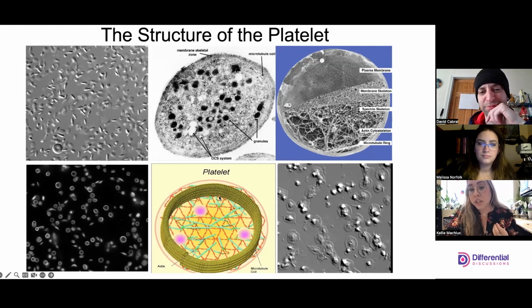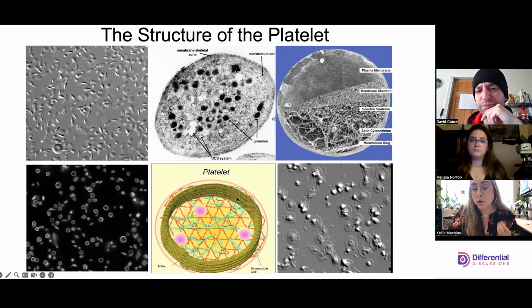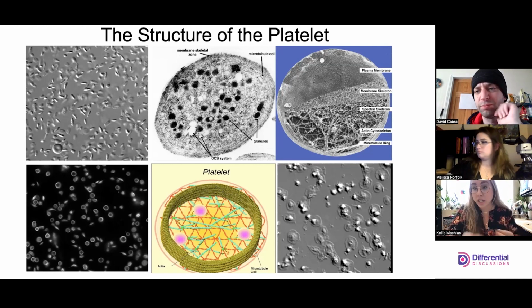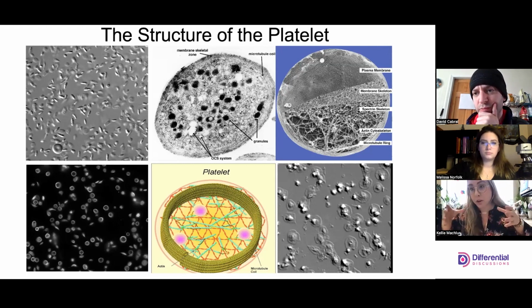In almost all the thrombocytopenias that we understand, there's some disruption in this coil. If this coil is too thick, it can't be as tight, so you'll get a macrothrombocytopenia and your platelets will be too big.